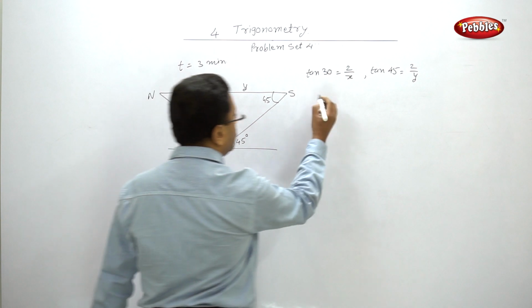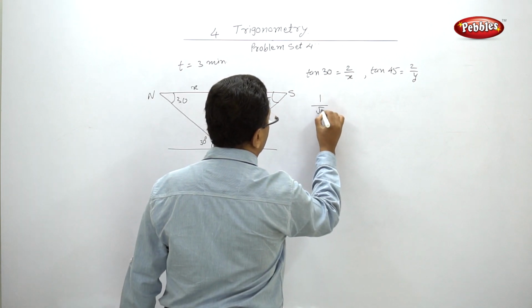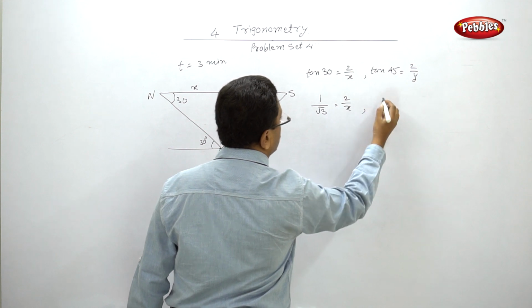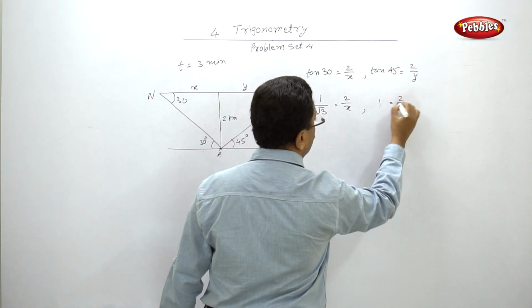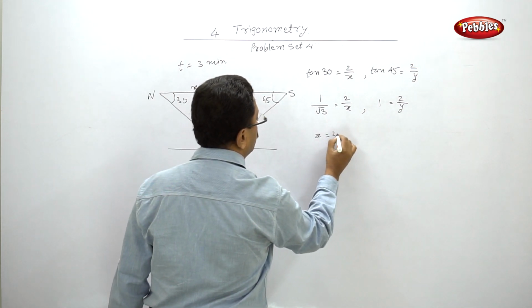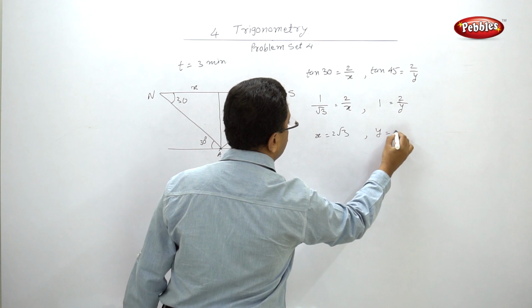So tan 30 is 1 upon root 3, equal to 2 by x, and tan 45 is 1, equal to 2 upon y. So here we have x equal to 2 root 3 and y equal to 2.